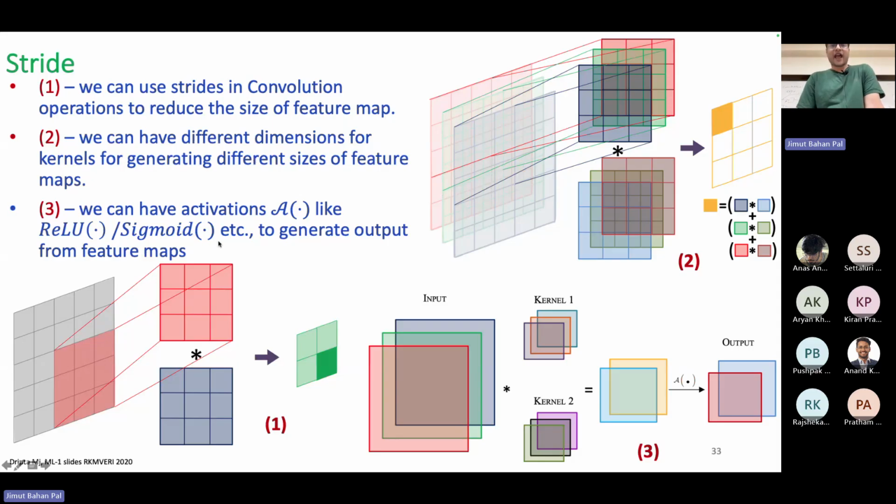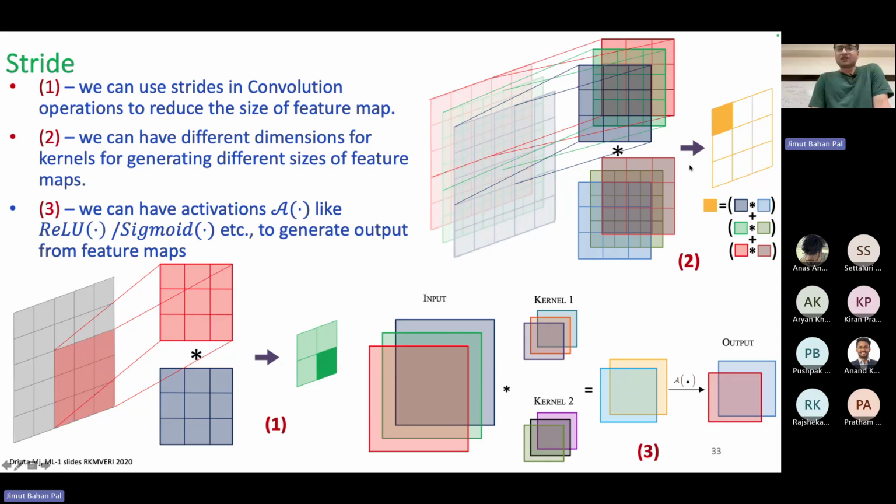And we can also have activations like ReLU or sigmoid to generate output from feature maps. So here, this is a 3-channel image. We are convolving it with a kernel which is also 3-channel, say 3x3.